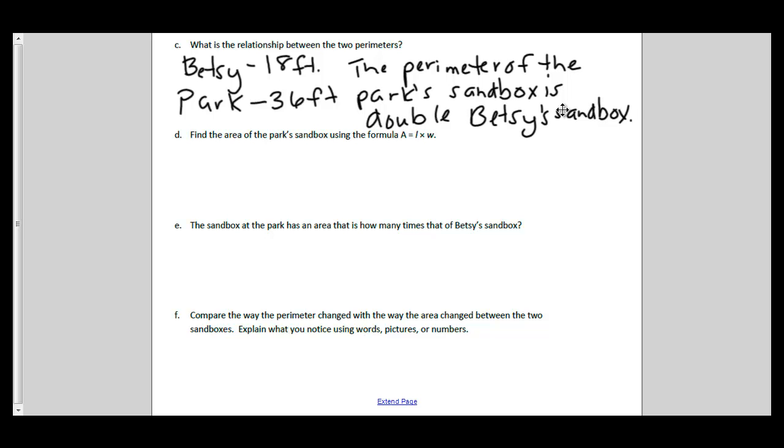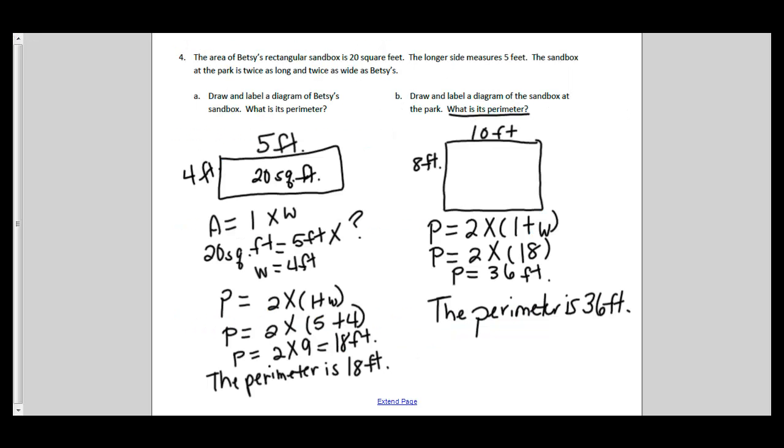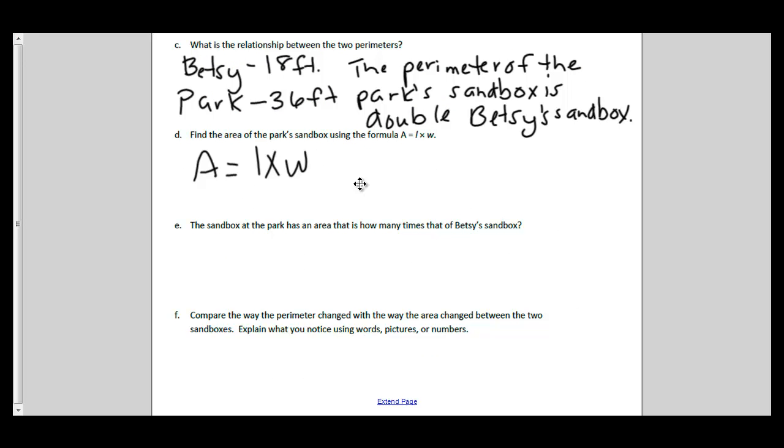Okay, find the area of the park sandbox using the formula area equals length times width. So I'm going to go back and look at B and find the length and width of the park sandbox. So 10 and 8, so that would be 10 times 8. So I'm just going to put equals 10 feet times 8 feet, which equals 80 square feet.